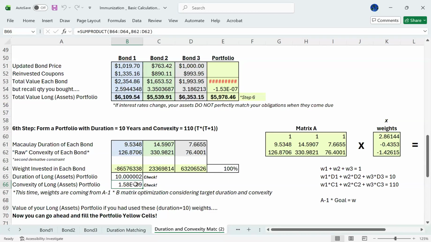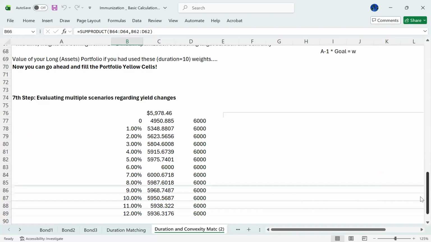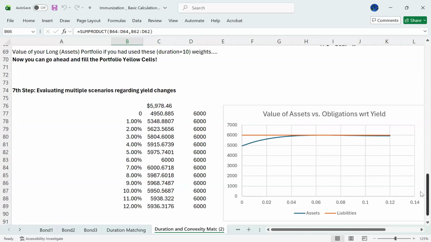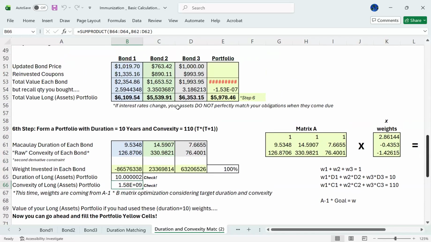And that is quite interesting. Of course, this is a very peculiar value because convexity is very high. And look at this graph now.